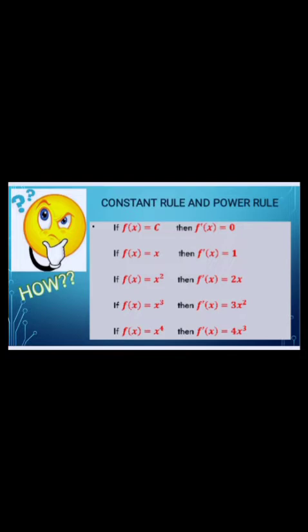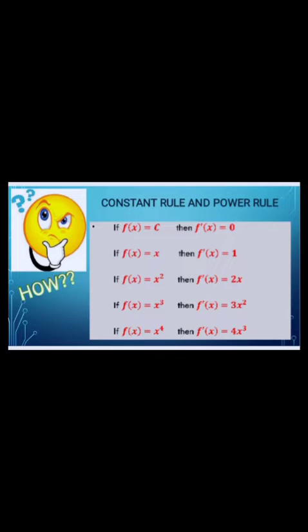If function f of x is equal to c, or constant, then f prime of x is equal to 0. And if f of x is equal to x, then f prime of x is equal to 1. And if f of x is equal to x squared, then f prime of x is equal to 2x.